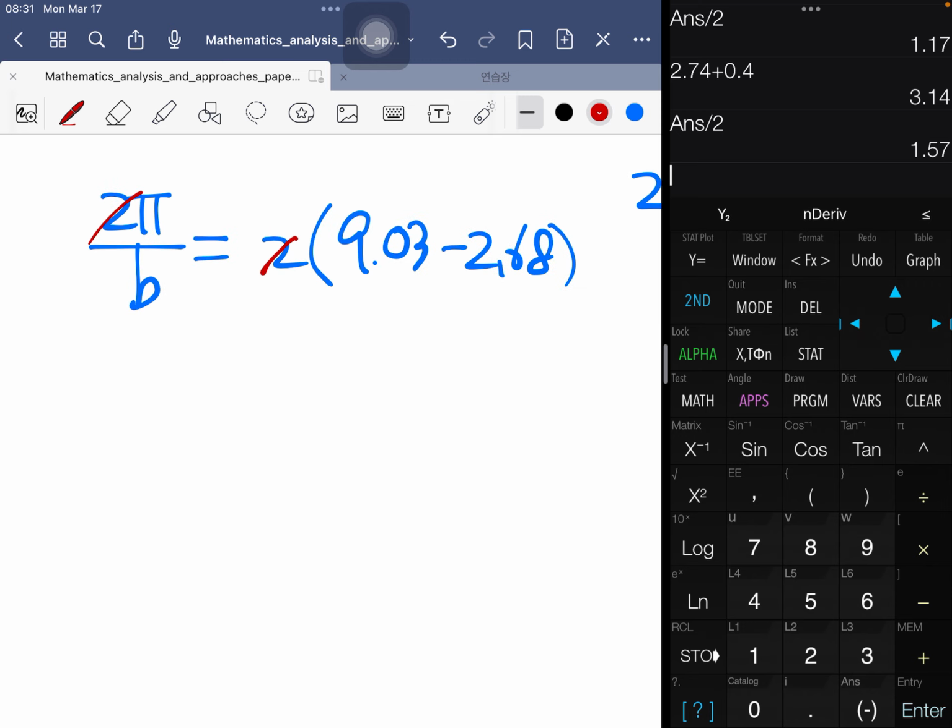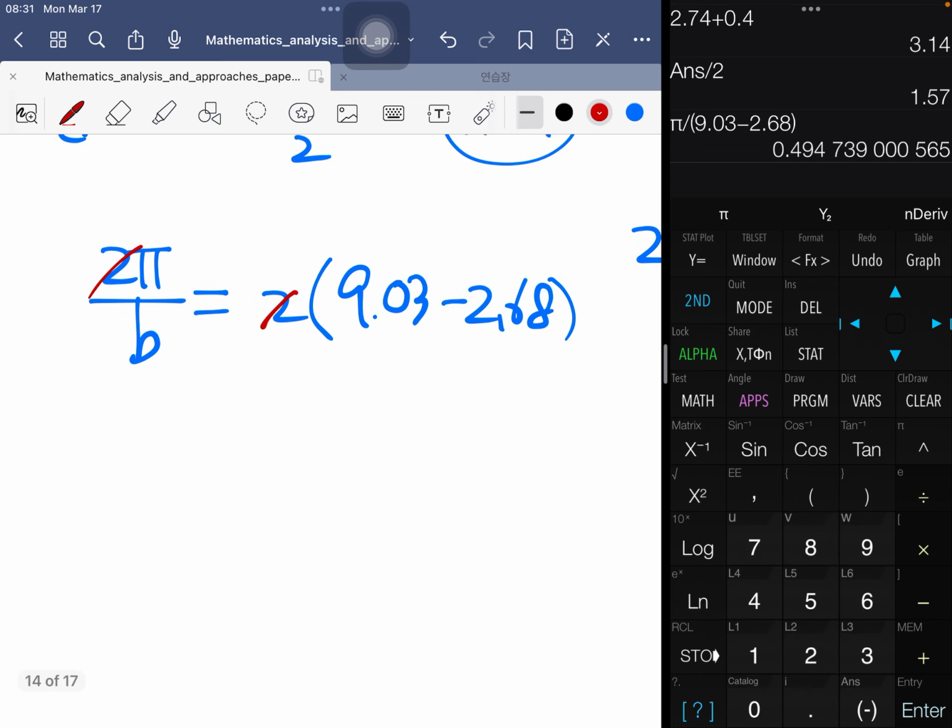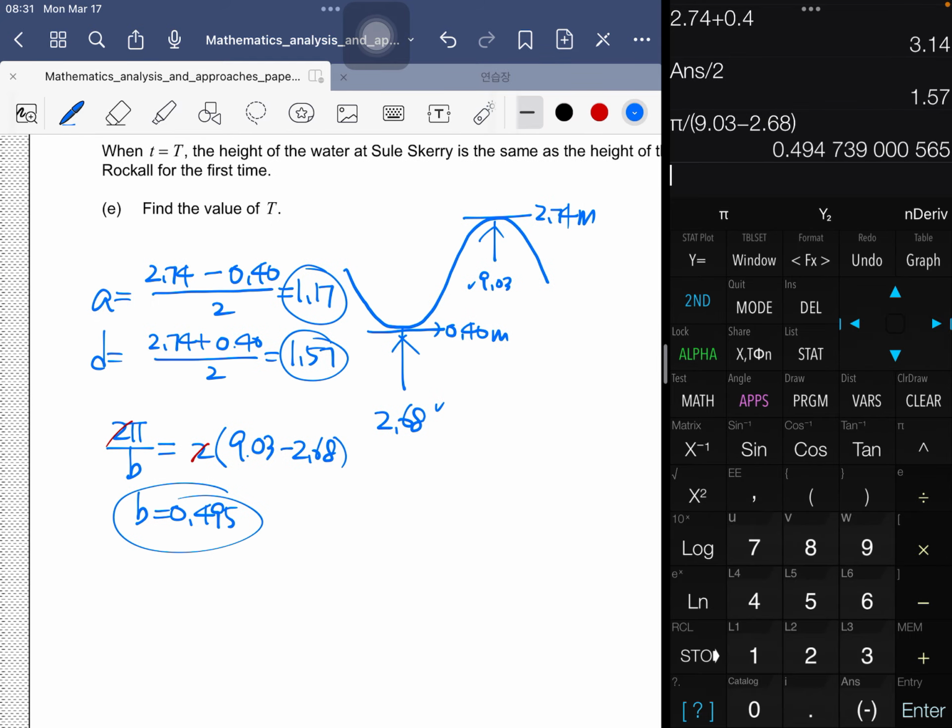So B is π divided by 9.03 minus 2.68. So the B value will be 0.495. This is B.